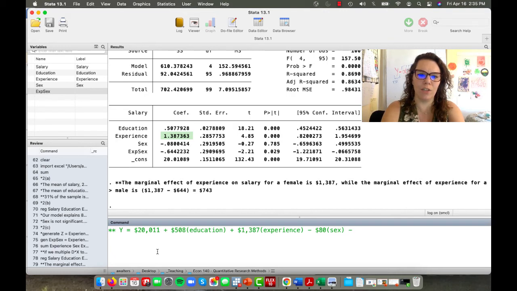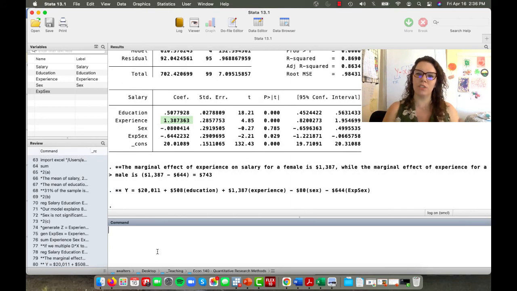And then the marginal effect of experience, if you are male, is going to be that negative $644 times experience times sex, right? So that's our new equation.